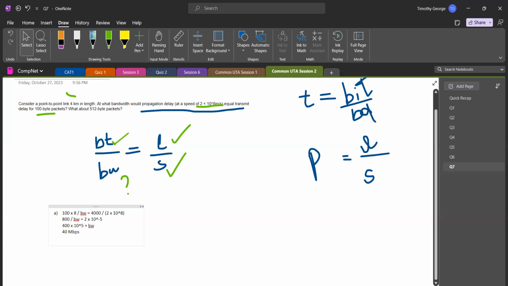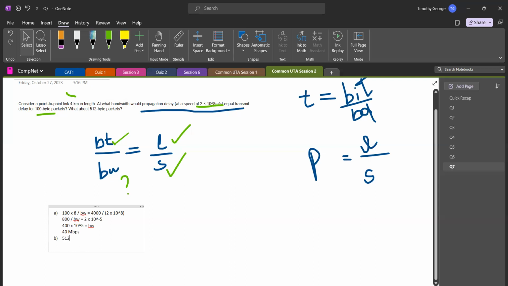What about the second part? Let's solve the B part. Again, we're asked the same thing: same propagation delay, same link, everything the same, but only the bytes has changed to 512. So instead of 100, we put 512.